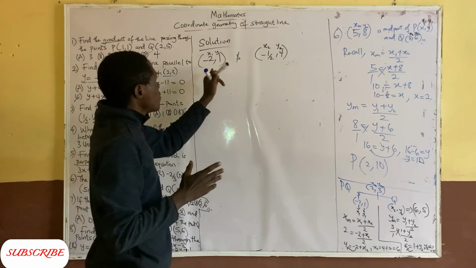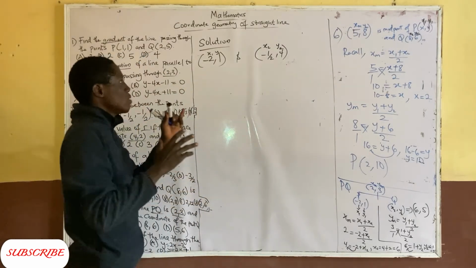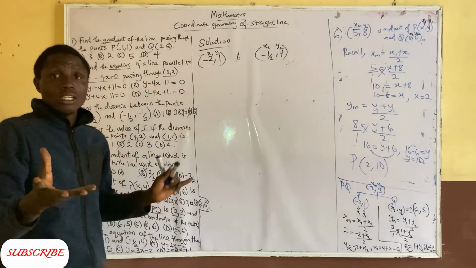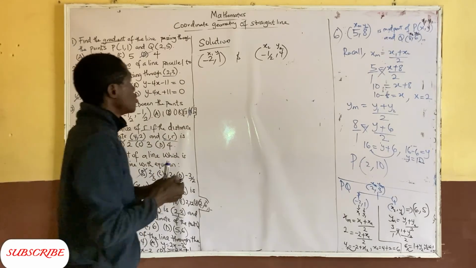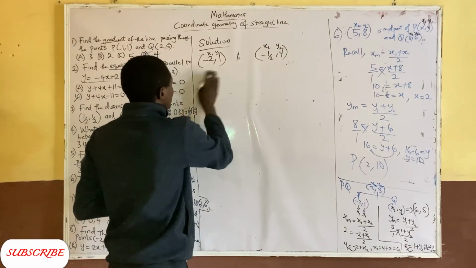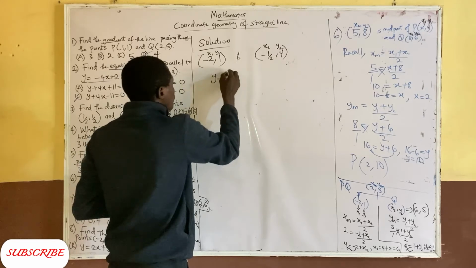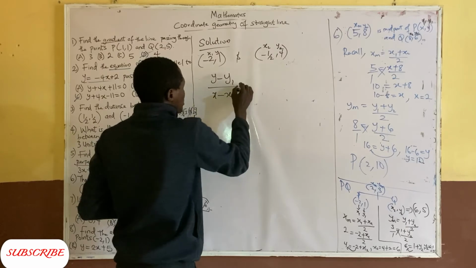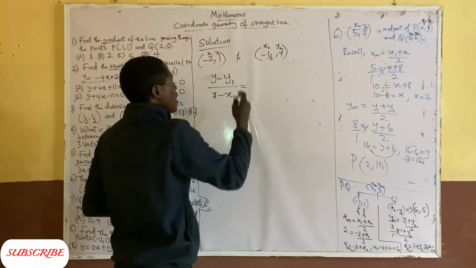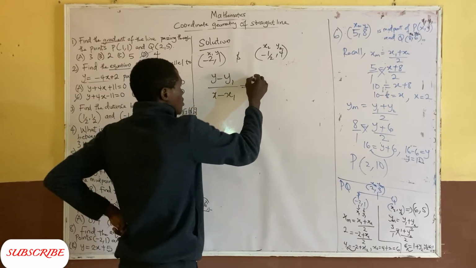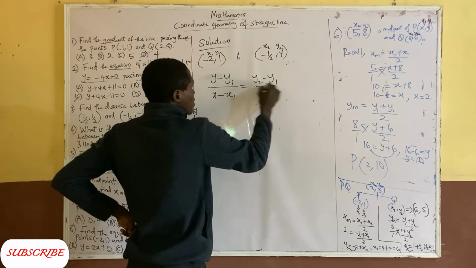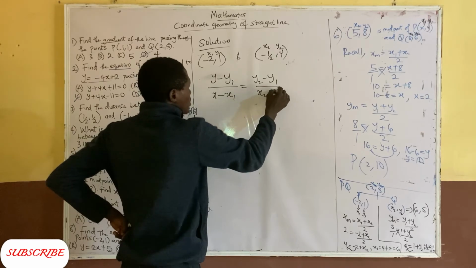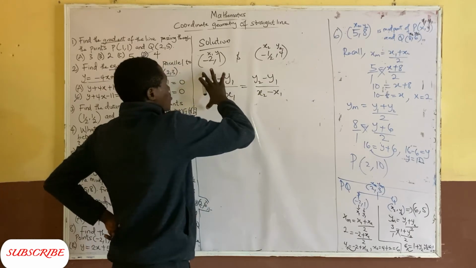Note that whenever you are given two coordinates and you have to calculate the equation of the straight line, just use (y minus y1) over (x minus x1) equal to the slope m, where m equals (y2 minus y1) over (x2 minus x1).